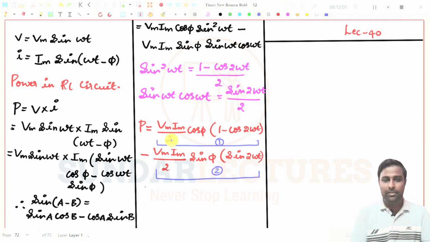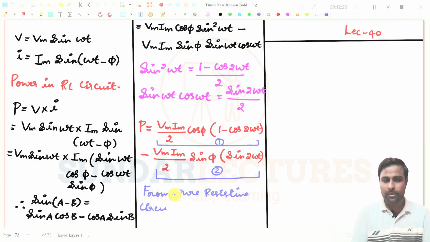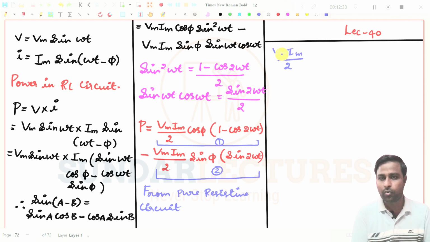From the pure resistive circuit, I will write here this term, Vm Im by 2 cos pi, is always positive.